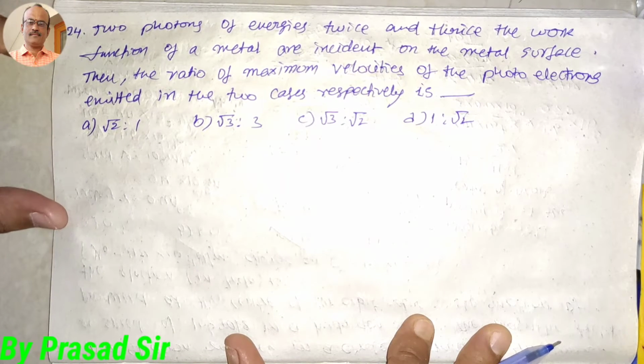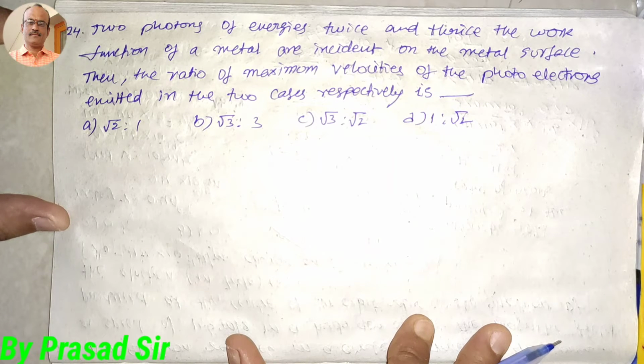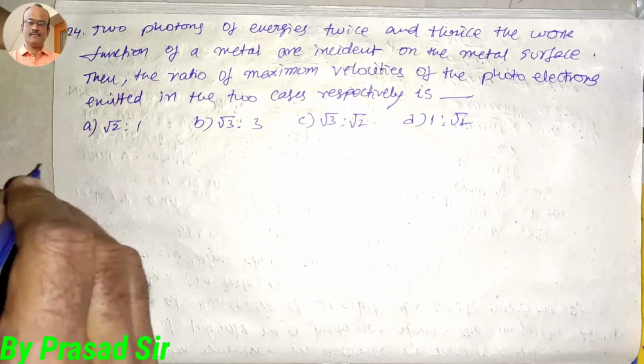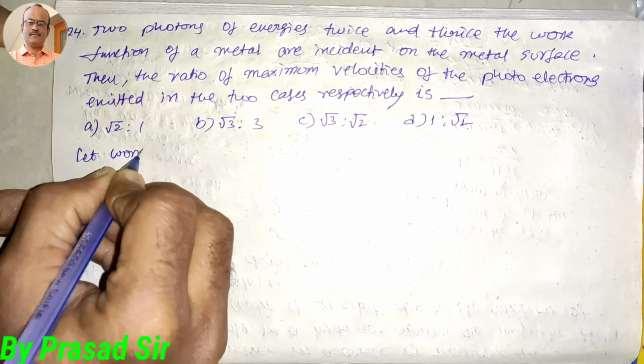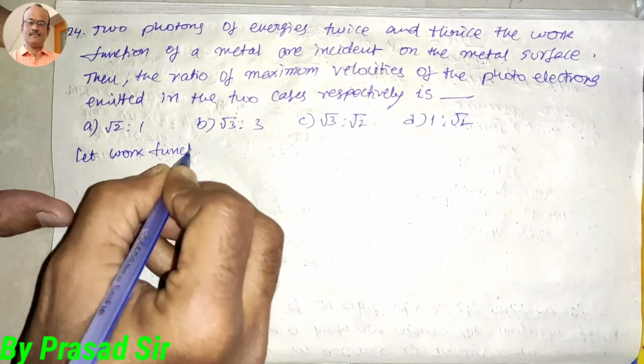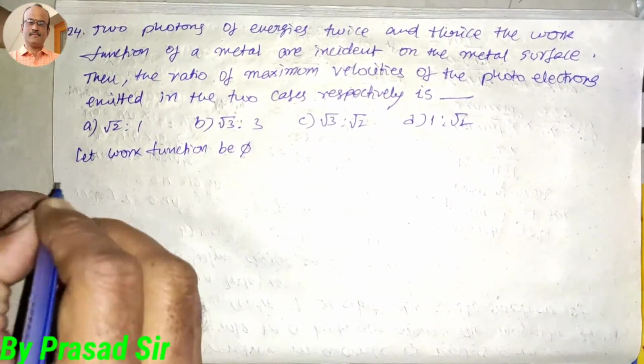Now the question number 24. Two photons of energy twice and thrice the work function of a metal are incident on the metal surface. Then what is the ratio of maximum velocities of photoelectrons emitted in the two cases, respectively? So first of all, two photons of energy twice and thrice the work function of the metal. Let the work function be phi.